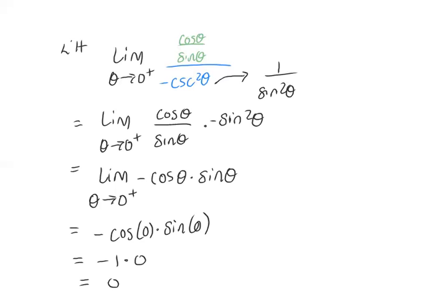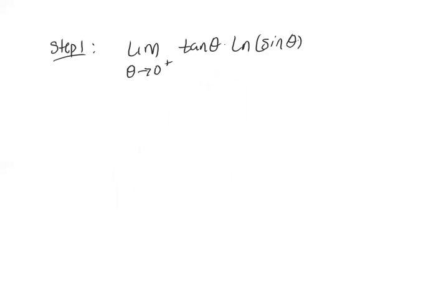All right, that was all step 1. So let me write that down. From step 1, I've determined that the limit as theta approaches 0 from the right of tangent of theta times the natural log of the sine of theta is equal to 0.